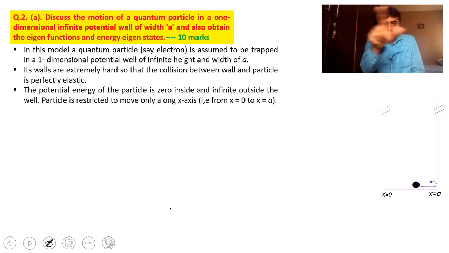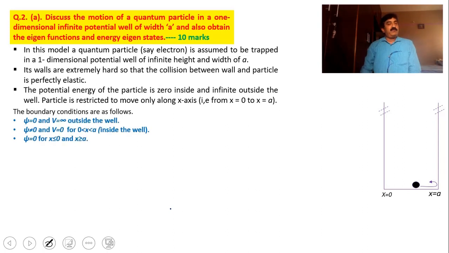Now, whatever I have explained in words is now in the form of equations. These are the boundary conditions. Number 1, psi equal to 0 and V equals infinity outside the potential well. That means the particle is not there outside, psi equal to 0. Outside, the particle's potential energy is infinity. Of course the particle is not there. If at all it wants to come out, it has to possess infinite energy.